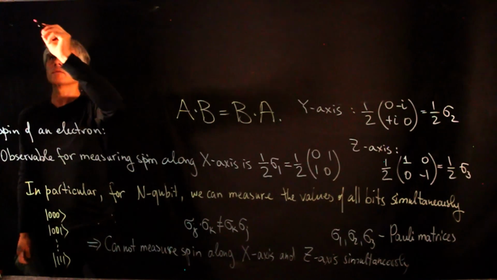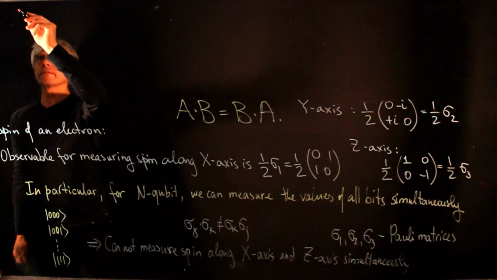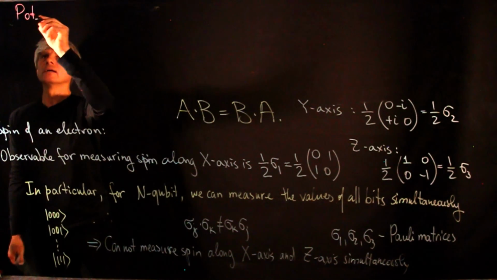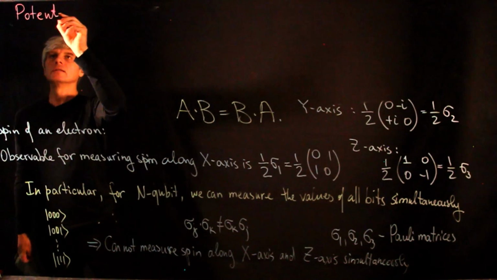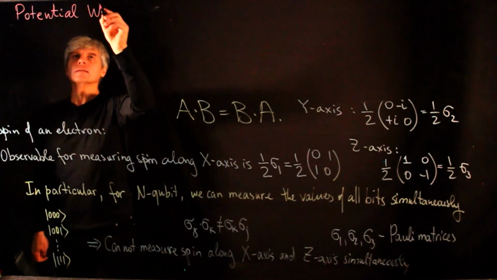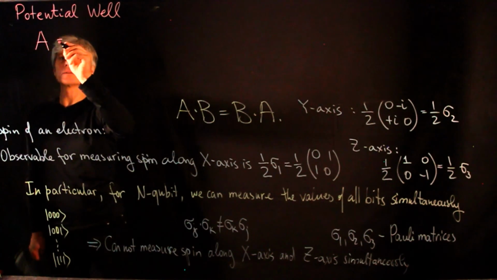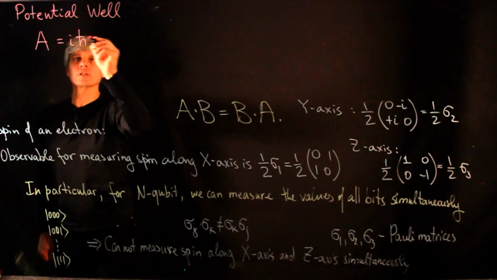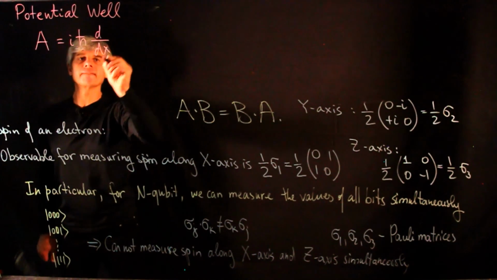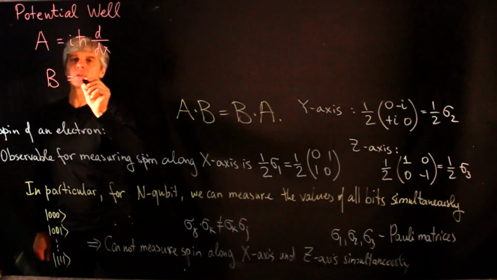And likewise, for our particle in a potential well, we had two operators. So A was iħ d/dx, and B was x.